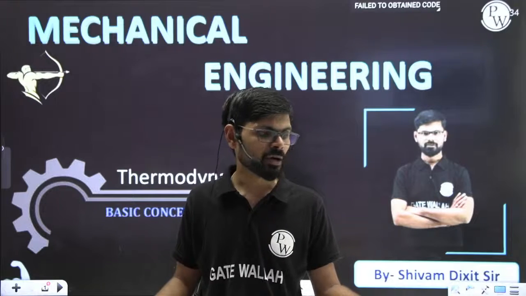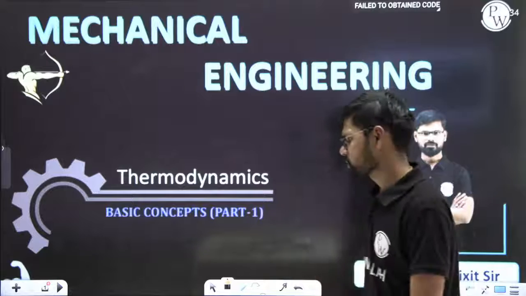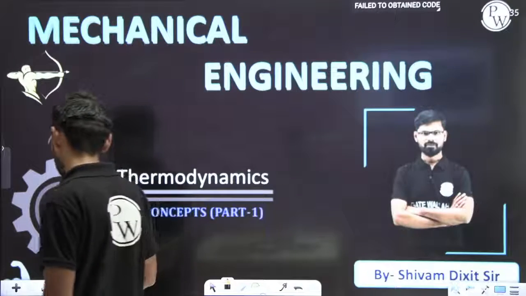Like last class we discussed what is a system, what is a thermodynamic system, open system, closed system, boundaries, type of interactions. All those things may not be directly involved in solving the problem, but indirectly you must understand these concepts to solve the problem. Clear hai? Okay.